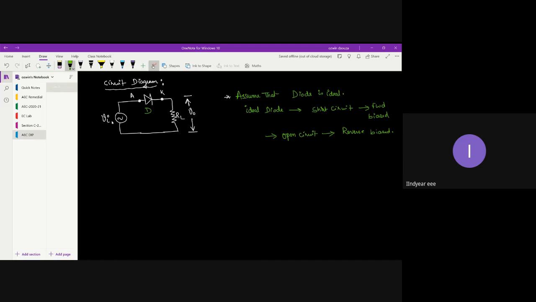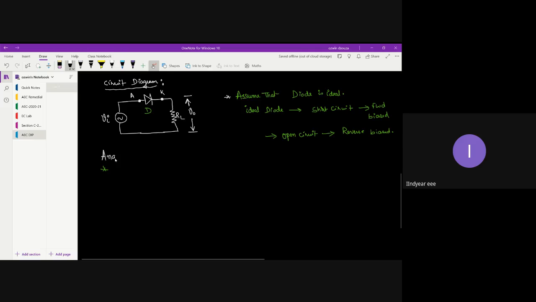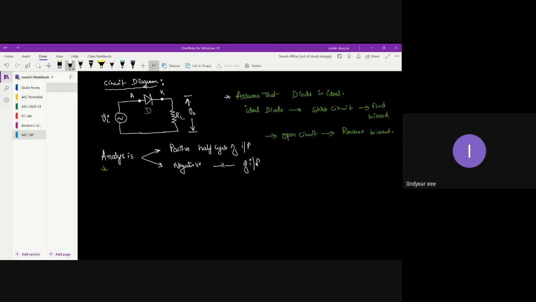Fine. So let us look at the analysis now. In case of a clipper circuit, in the analysis, what we do is we consider the positive half cycle of input, and similarly we also take the negative half cycle of input.